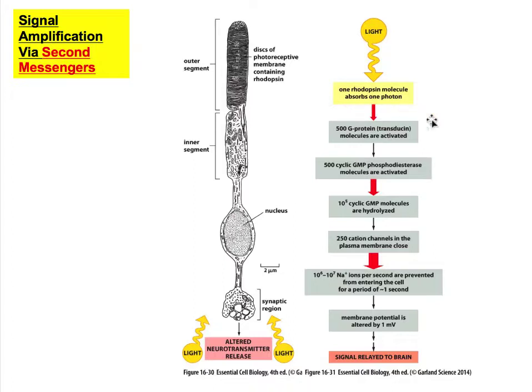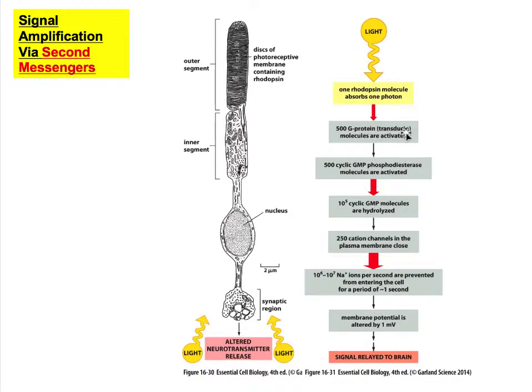Here, as you can see, we have a G protein called transducin. That's the name of the G protein. It exists as an alpha, beta, and gamma subunit. And when its receptor, the rhodopsin molecule, binds to photons of light rather than a chemical ligand, it changes shape.